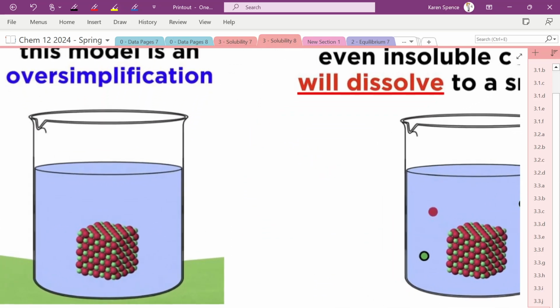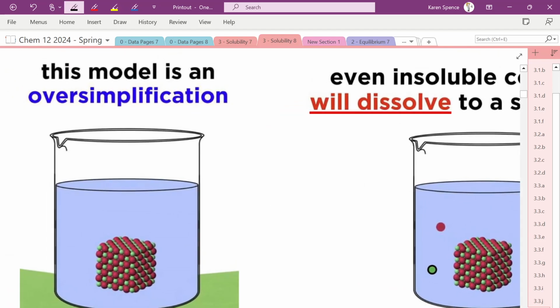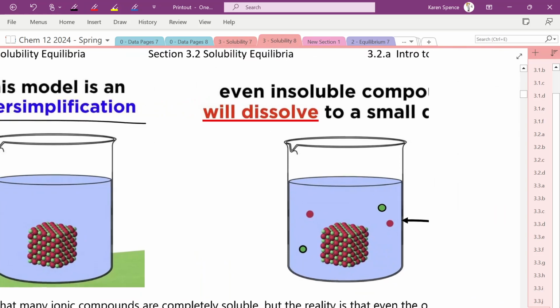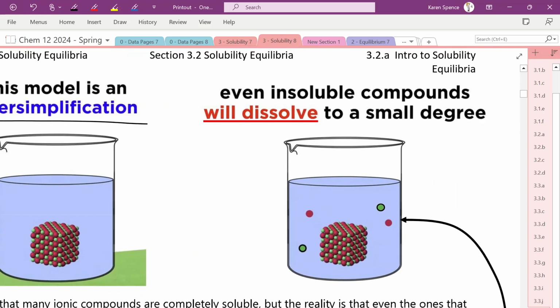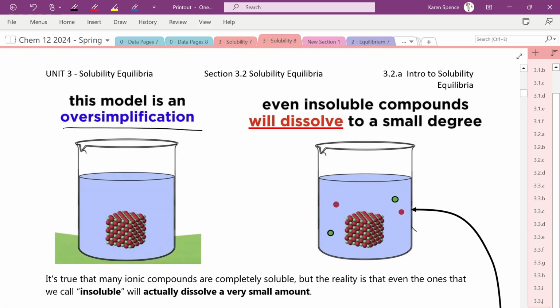Now, this whole business of it being completely insoluble, that is an oversimplification. Even the most insoluble compounds will dissolve to a very small degree. But most of it stays solid. That is why on your solubility table, does it say insoluble? What does it say? Low solubility.